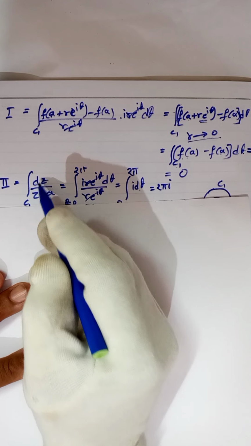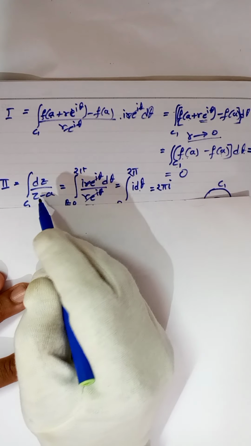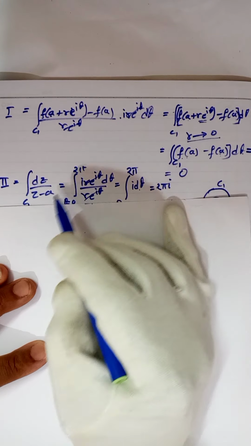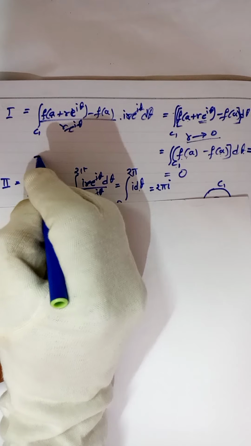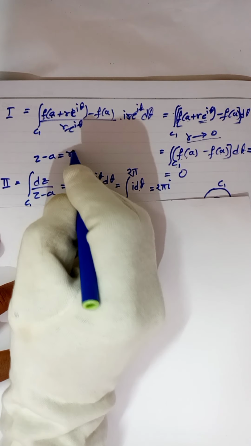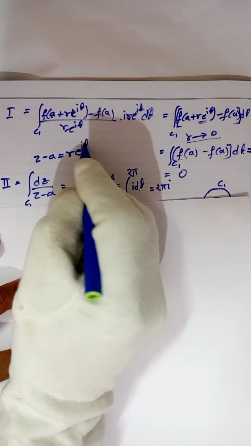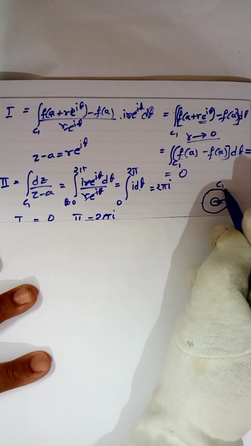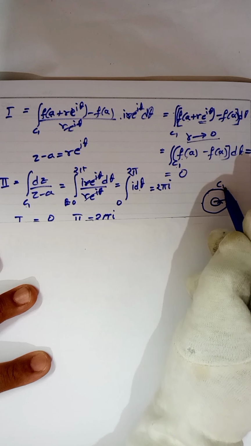Next, the second part, the integral of dz upon z minus a. What is the value of this particular integral? Just see, as we know, z minus a is equal to r e to the power i theta. There is the point on this particular C1.